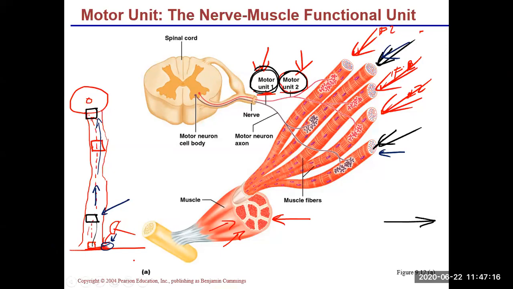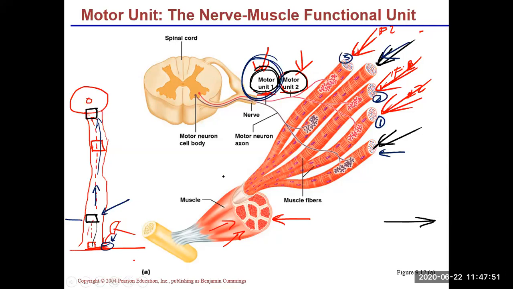So going back to the fair, imagine that you hit the platform with the hammer or a huge rubber mallet. What happens is the weight might go a little bit up, but this is as if you only used motor unit 1. If you use motor unit 2, you could see there are more branches right here. Here's 1, here's 2, here's 3, and there could be probably a lot more.